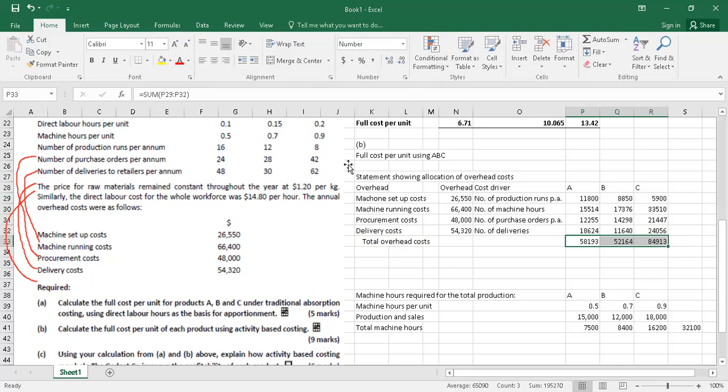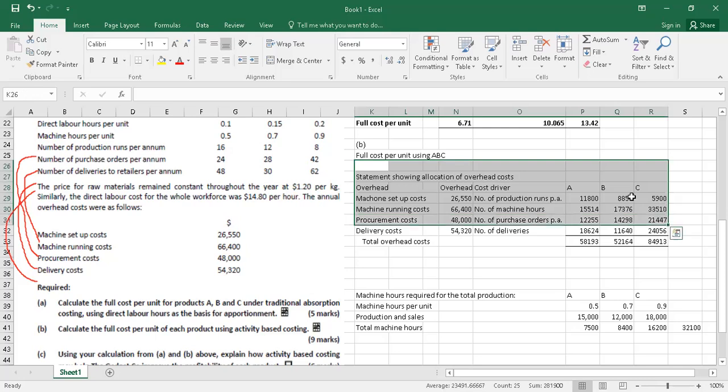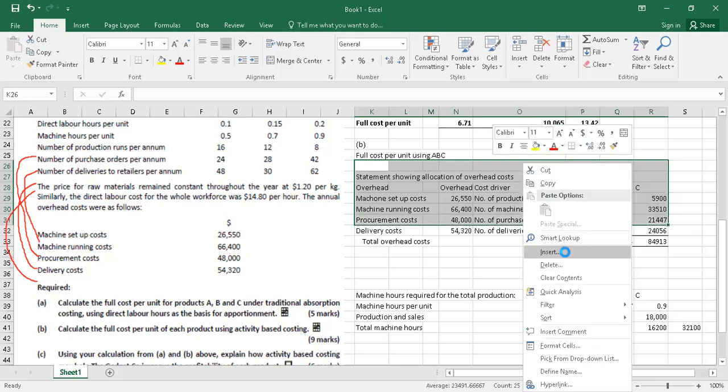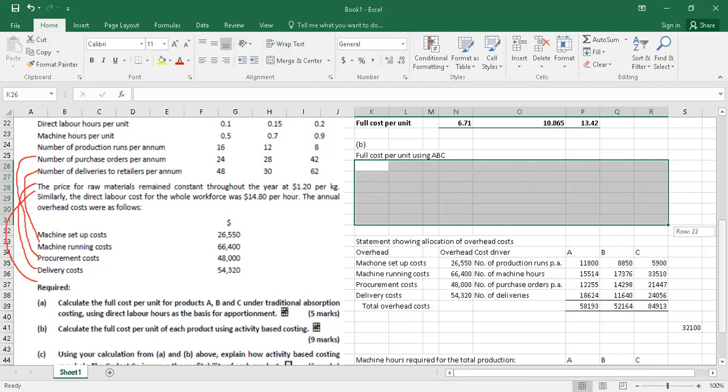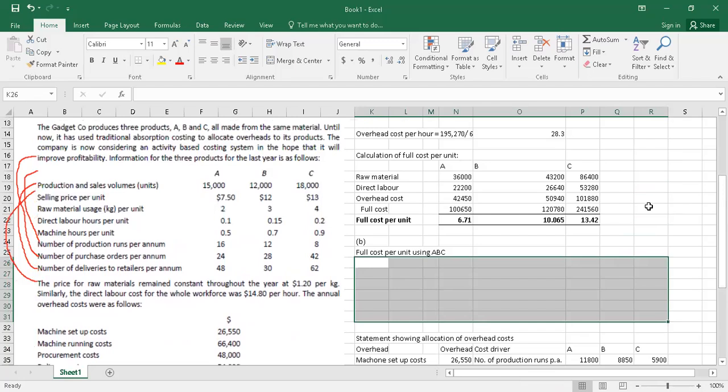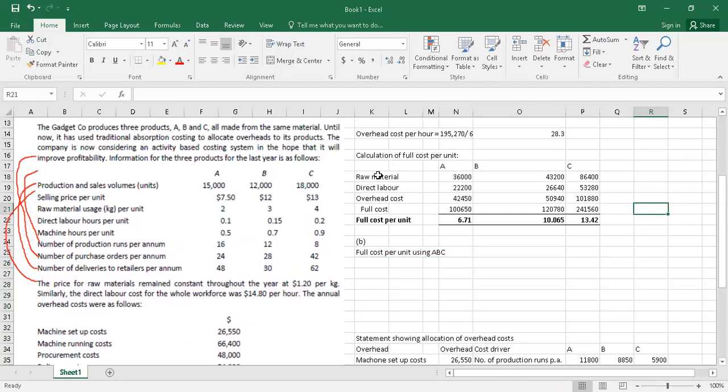Now we are asked to find out what is the full cost per unit. So full cost per unit, I'll insert it here only. Just now here we have done the direct material, direct labor cost. So let's pick them from here.